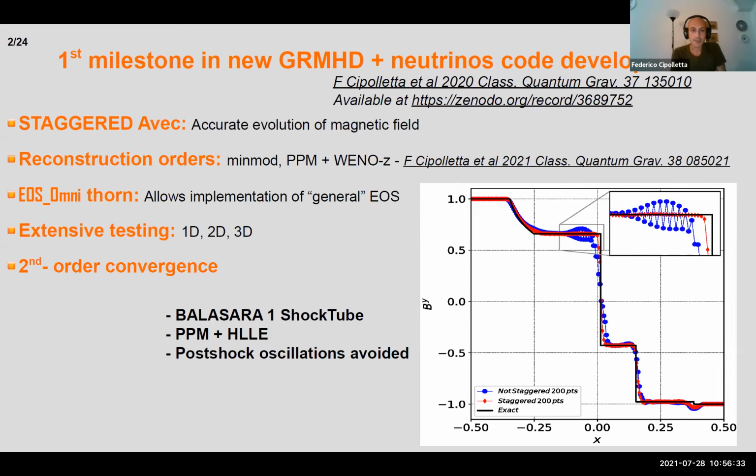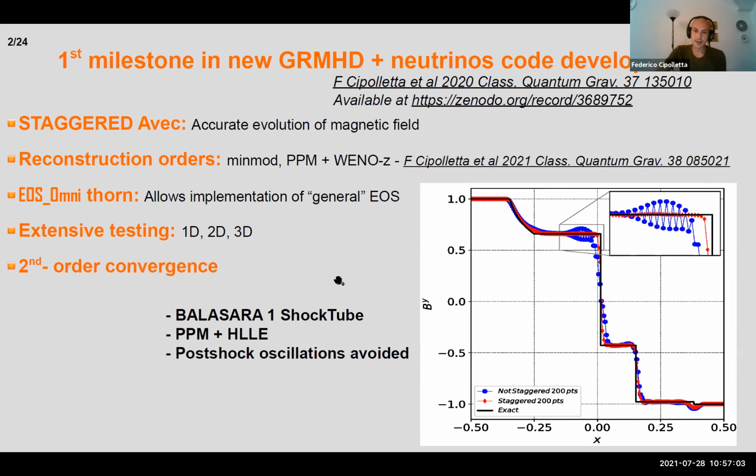Starting from Whisky MHD, we implemented the staggered vector potential evolution for modeling the evolution of the magnetic field. And this panel gives you a hint of the reason for that, because this is a result from the Balsara 1 shock tube test, the result for the Y component of the magnetic field.